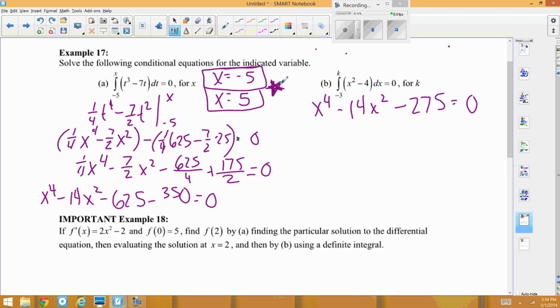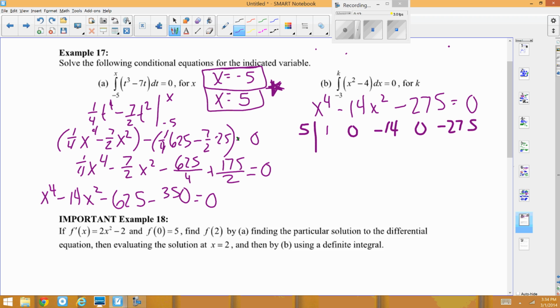But we already know something. If we already know two answers, hopefully you already know what we could do. We can use synthetic division to make this easier. We already know two values. Oh, I almost made a terrible mistake there. So 1 x to the 4th, 0 x cubed, negative 14 x squared, 0 x, negative 275.